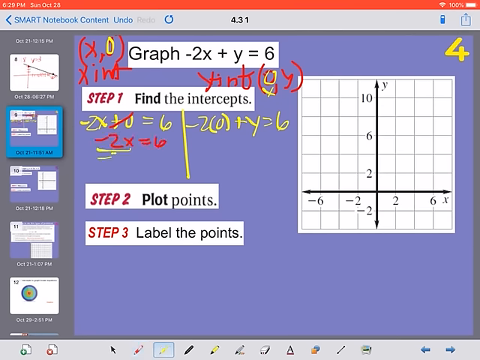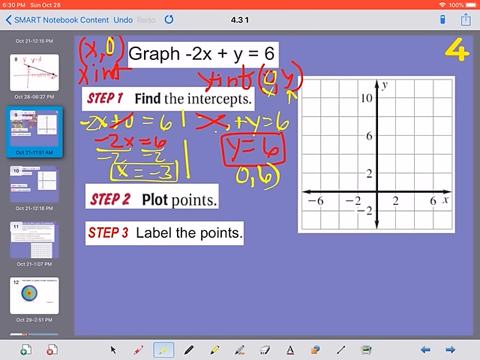So if I divide by negative 2, we get x equals negative 3. And over here, anything times 0 is eliminated. And all we have left is y equals 6. So we know that the y here is 6, so this point is really 0, 6. And this point here, x is negative 3, so negative 3, 0.